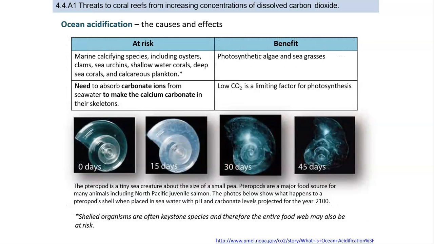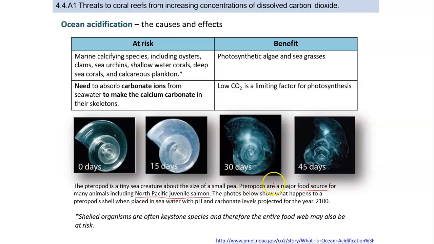Here is a very nice example of what happens if the ocean becomes more acidified. This is the pteropod, which is a tiny sea creature about the size of a small pea. Pteropods are a major food source for many animals, including North Pacific juvenile salmon.